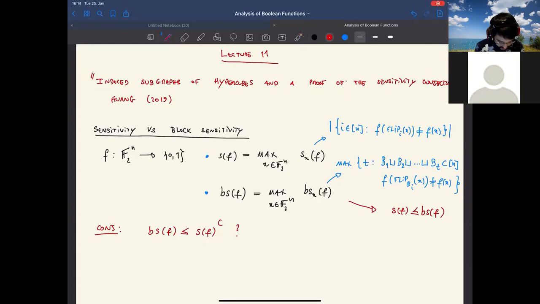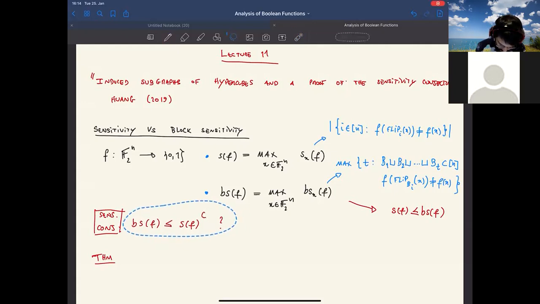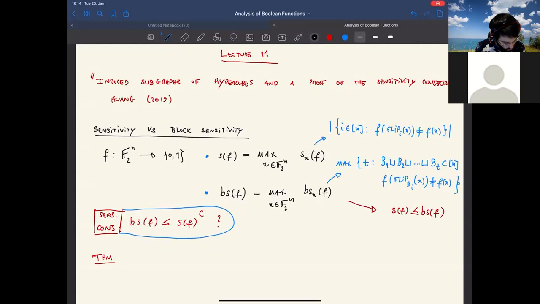And then this is now a theorem. This is a theorem of Huang, solving the sensitivity conjecture, which is a paper in the Annals.